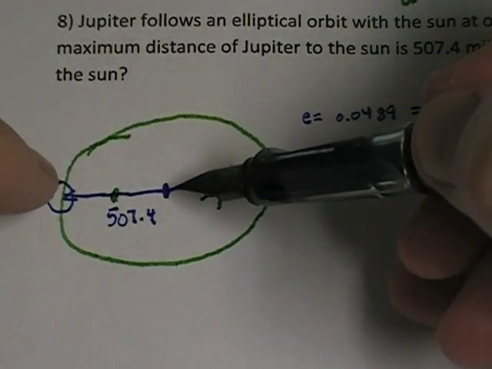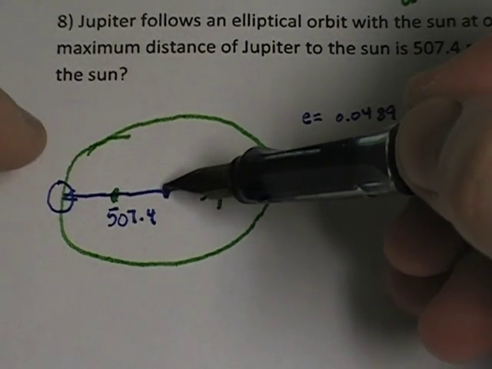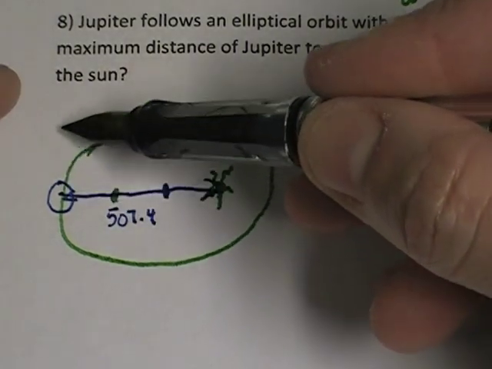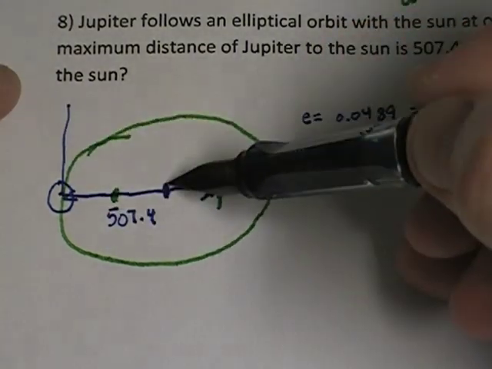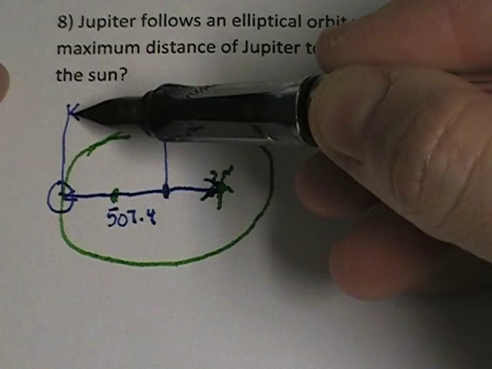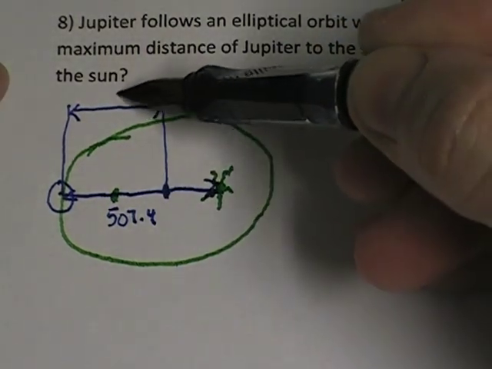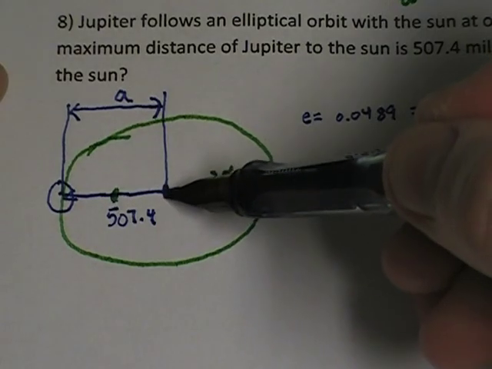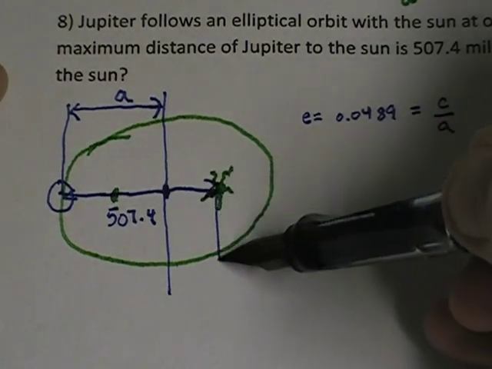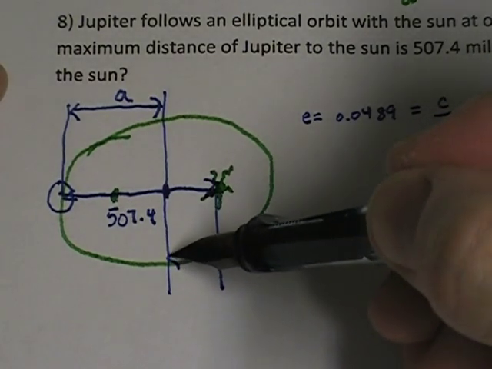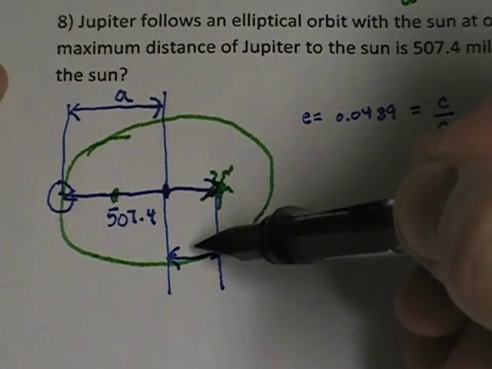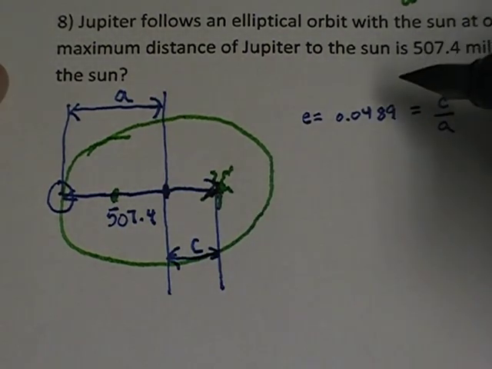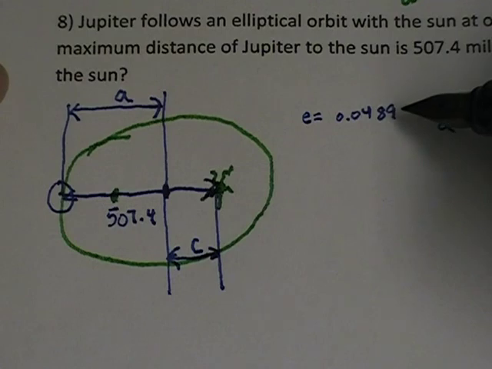Now, we know somewhere in this ellipse there's the center, okay? And what I want you to pay attention to is from the center to the outside. This distance from here to here is A. It's the semi-major axis. And the distance from here to the foci, either of the foci, but to this particular focus, is C. Okay?